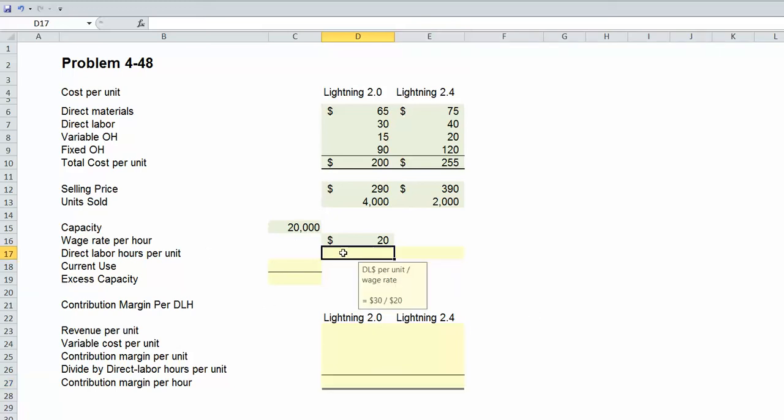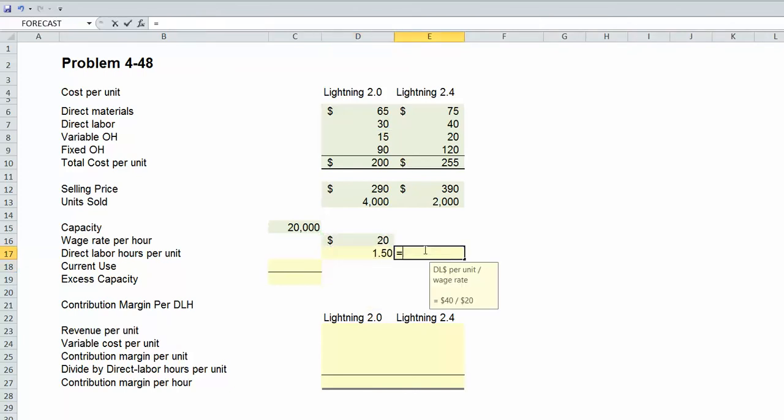All right, to begin with, our direct labor hour per unit for the Lightning 2.0, we take our $30 direct labor cost, divide it by the $20 per hour wage rate, and our Lightning 2.0 requires 1.5 hours. Lightning 2.4, our direct labor cost is $40, divided by our $20 wage rate, and it requires 2 hours of direct labor time per unit.